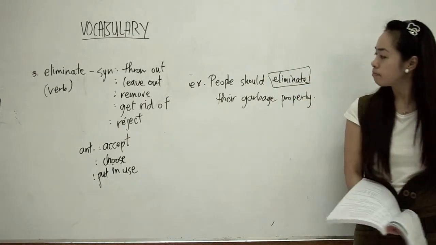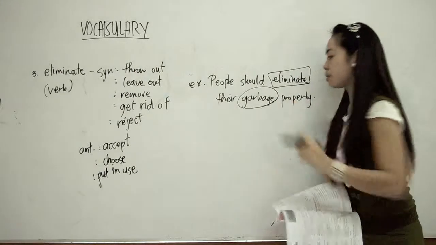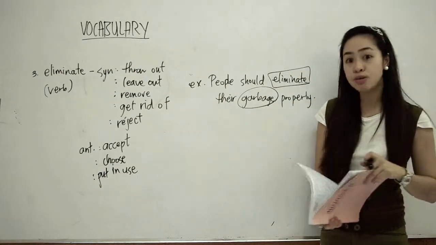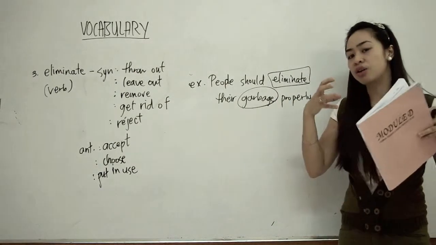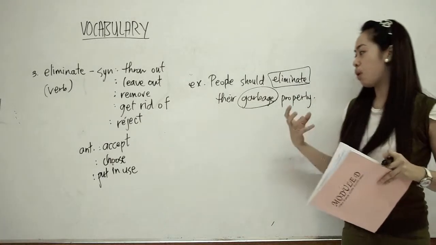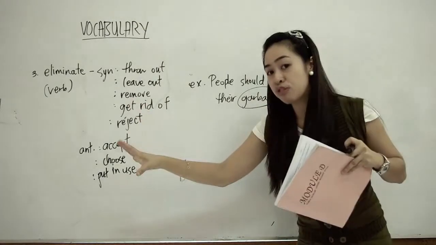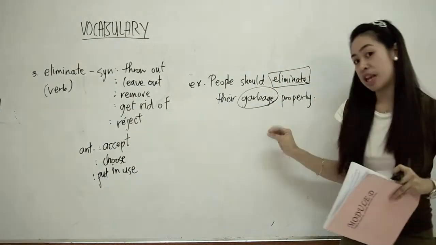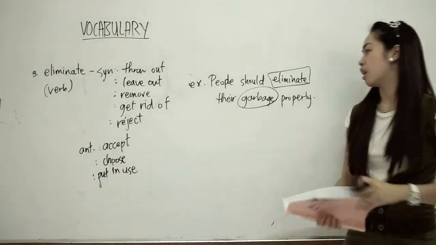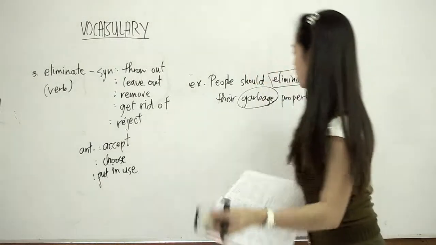Eliminate. So from the word garbage means that garbage are not used or these are already the disposed of things, right? So we call them garbage. So we're trying to throw them away from us because they're not in use anymore. They're dirty. Okay. Next.